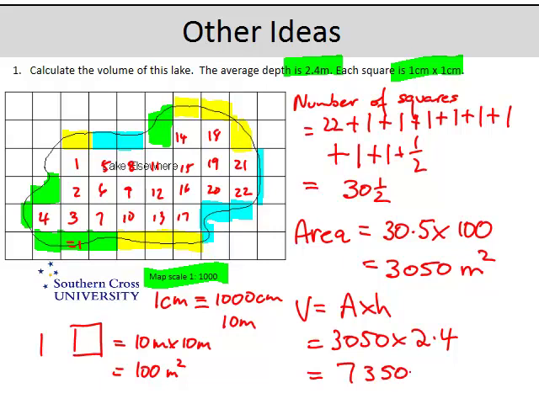I'm not quite using a calculator here. And that's cubic metres, which, remember we said before, is 7,350 kilolitres, or we could say that is 7.35 megalitres.